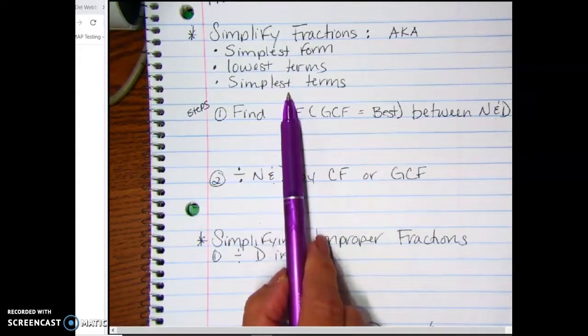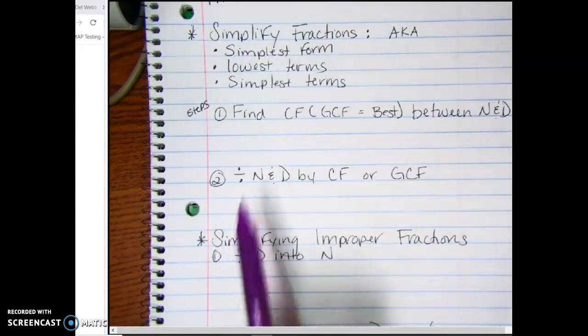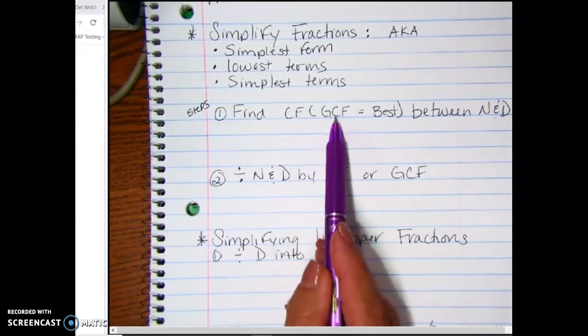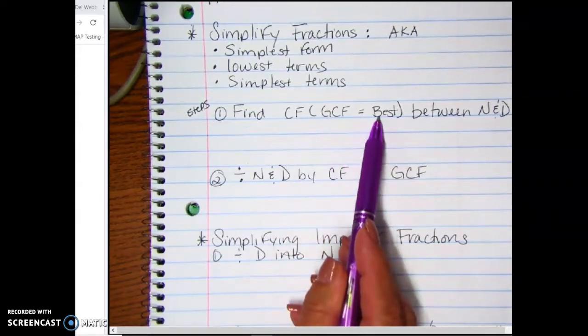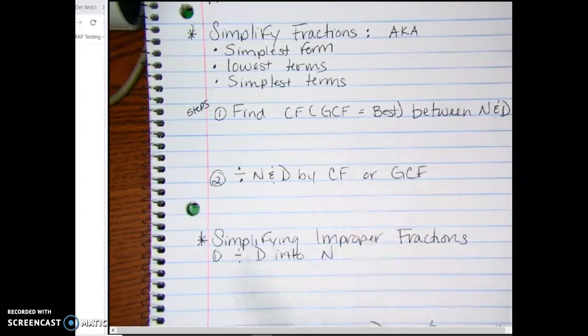Now there's a couple of steps to be able to simplify fractions. The first one is to find the common factor. I put in parentheses the greatest common factor is the best, because then you don't have to keep simplifying, between the numerator and the denominator.